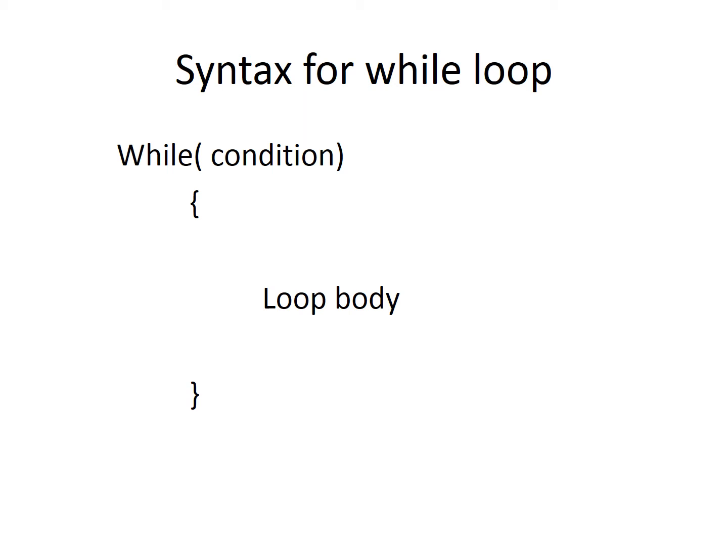In short, if the condition is true, the compiler enters the loop body written in curly brackets. Within that, each and every statement is executed sequentially, one after another, and if the condition fails, the compiler transfers control to the next statement, which is written after the closing curly bracket.